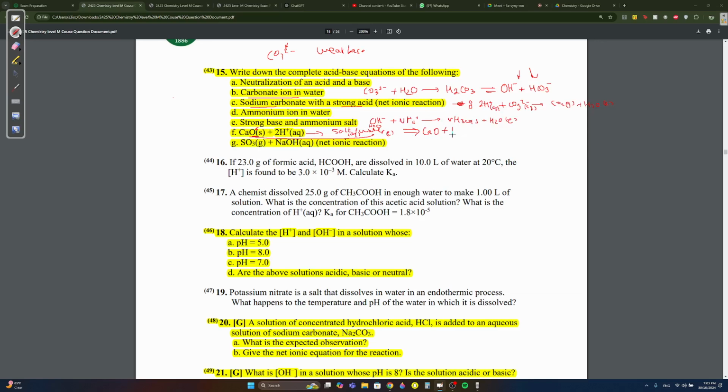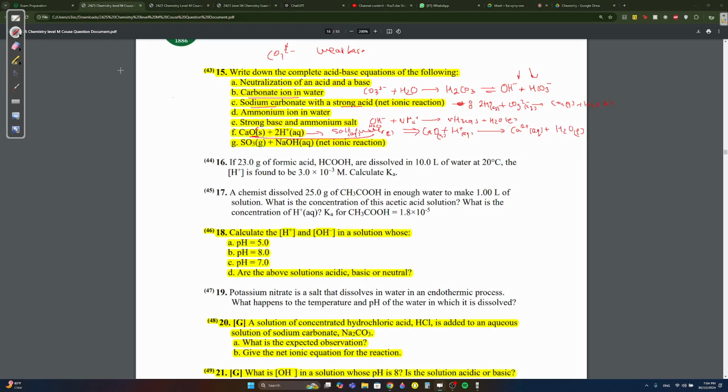To produce the salt, with Ca becoming aqueous, and the water you just write as H2O. This one's a bit confusing, so I suggest you memorize it, but try to understand that metal oxide plus acid gets you salt and water. Then the net ionic would just be this.